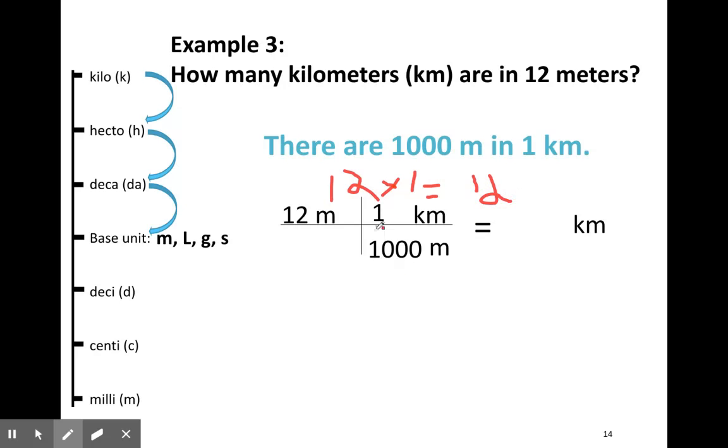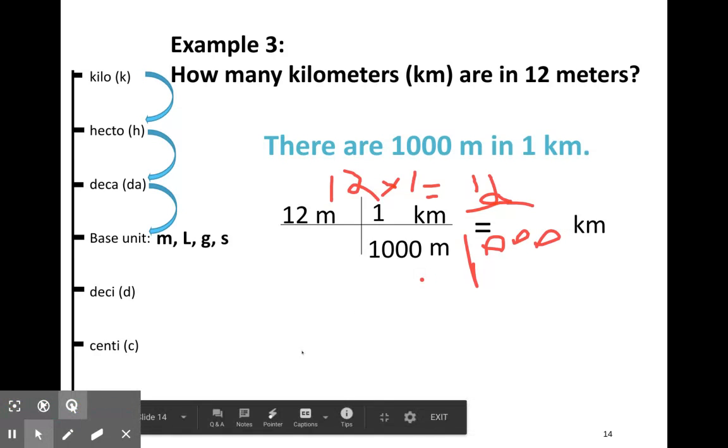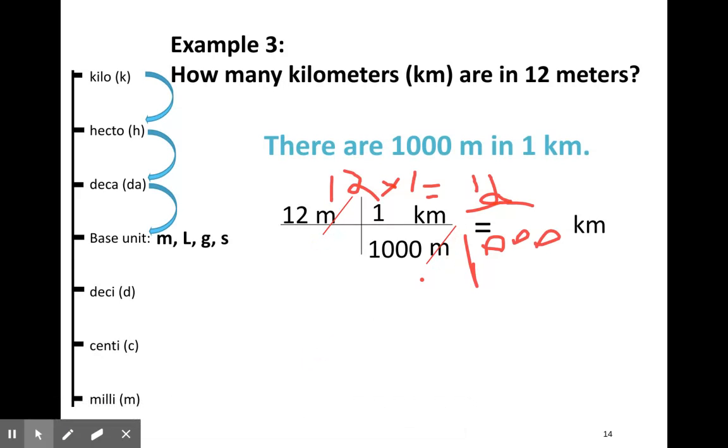I just have 1,000 here, so I'm going to divide that by 1,000. Sorry for the horrible drawing. Then if I were to use the calculator, I could cross this off with the meters, and then last but not least, 12 divided by 1,000 would be 0.012. So again, my final unit is kilometers.